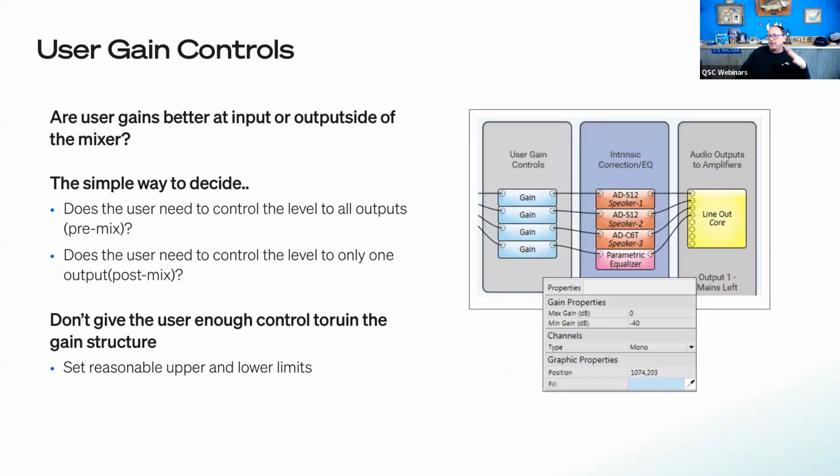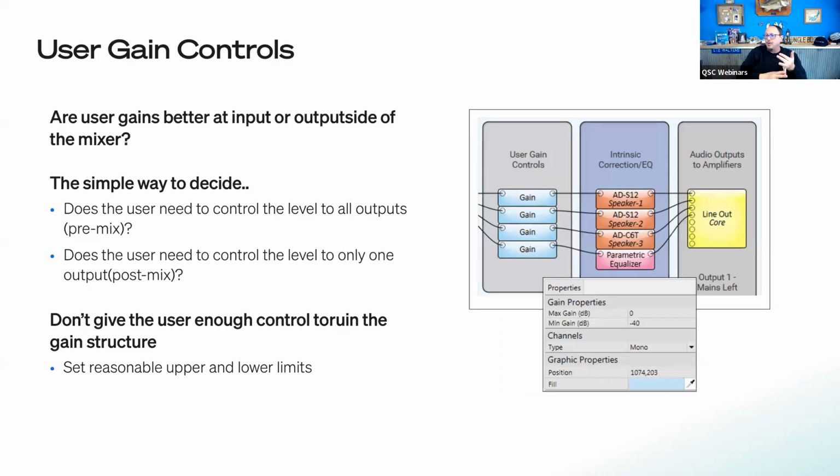User gain controls. Is user gain better at the input or the output side of the mixer? Don't do both. Too many user gain controls will negatively impact your gain structure. You don't want to give people the ability to adjust volume level prior to mixing the signal and then afterwards too, because they're going to turn one down and then crank one up, or whatever the case may be.